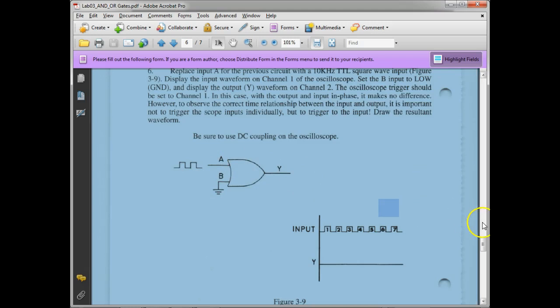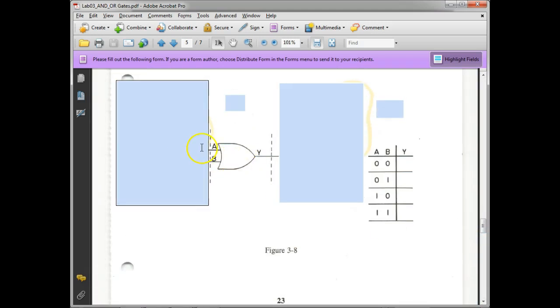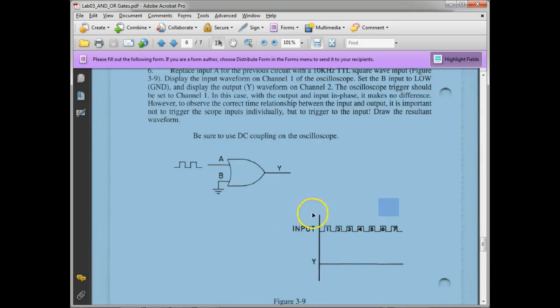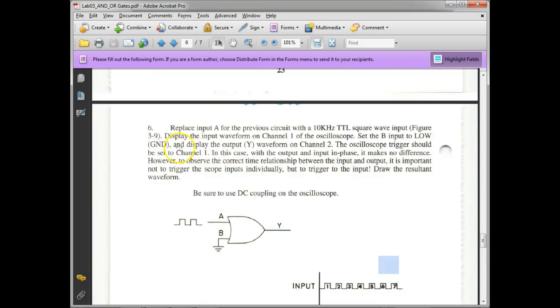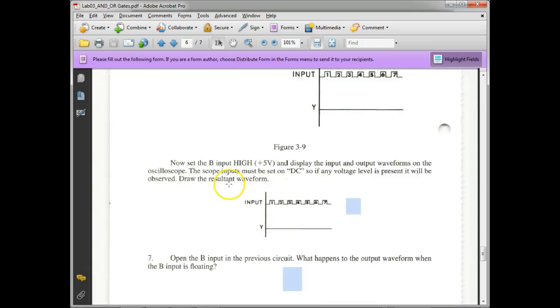So right now when we come over here and, oops, wrong thing, Rich. Okay, so what it will tell us to do, replace pin A, previous circuit, 10 kilohertz square wave, display the input waveform on the oscilloscope, do not trigger, but trigger.